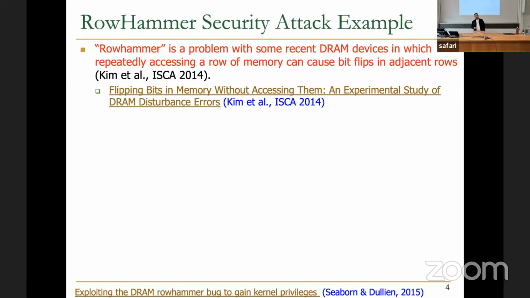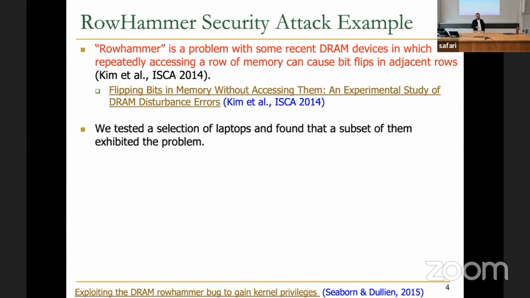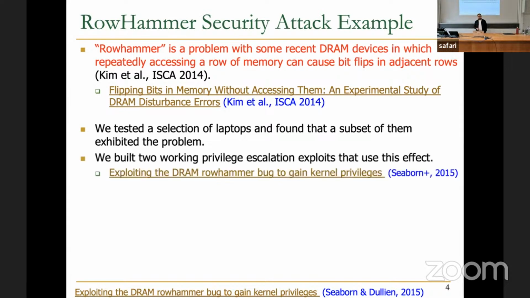RowHammer is a problem with some recent DRAM devices in which repeatedly accessing a row of memory can cause bit flips in adjacent rows. This is what we showed in the ISCA '14 paper. They already cite that paper, and then they test a selection of laptops that use modern memory devices of that time, and they found that the problem exists in some of them.